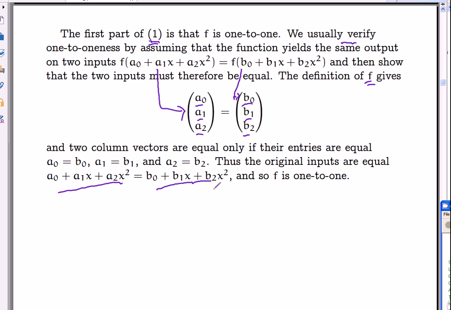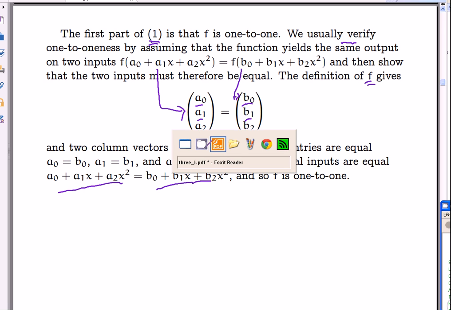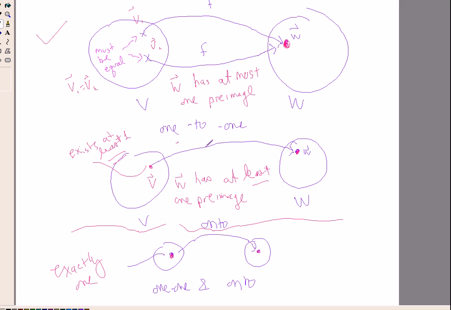Okay, the next part of the proof is that the function is onto. Now at this point, let me go over to a little picture that I've drawn to try to make this clear. We've just shown one-to-one, and one-to-one says that if I take any element in W, which we're calling the codomain, supposing there are two different vectors that map to this element of the codomain, they must in fact be equal.